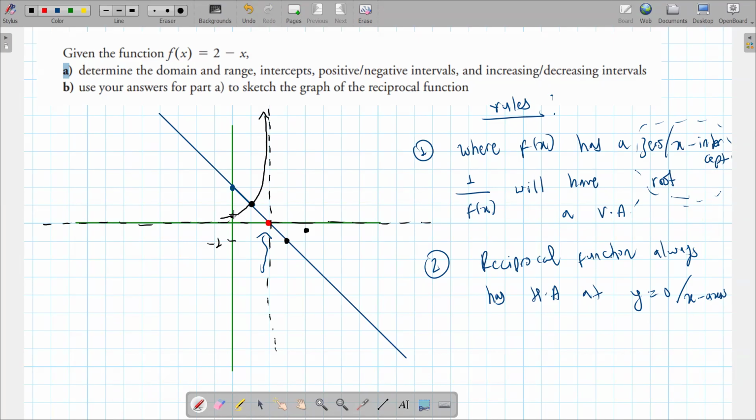Same thing here. It's going to go down. It'll never cross the asymptote, but it'll approach 0 when x is negative infinity on that side. And on this side, it's going to look like this. Just connect the points and ride the asymptotes. And there you go. That's going to be a rational function. Did that make sense?